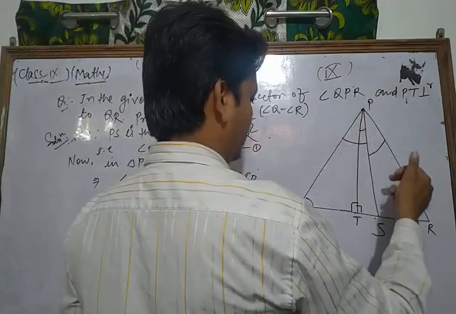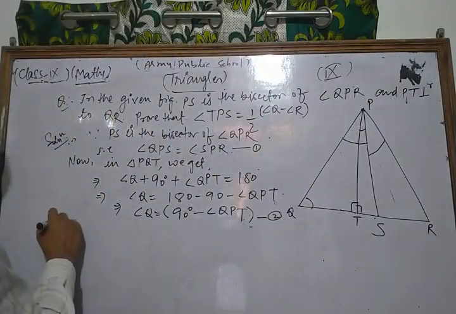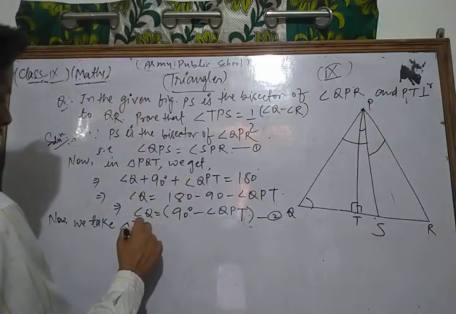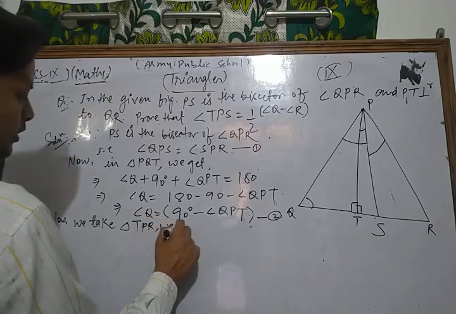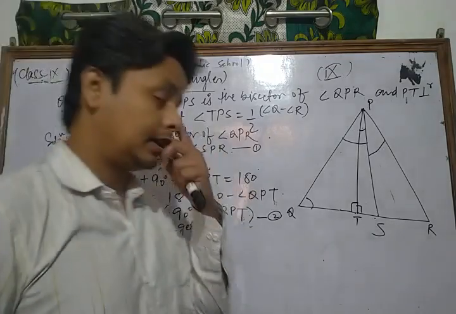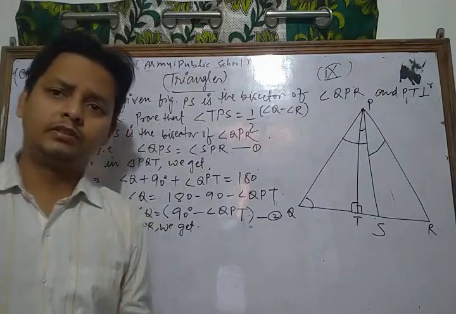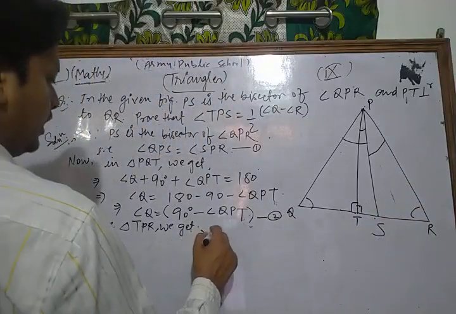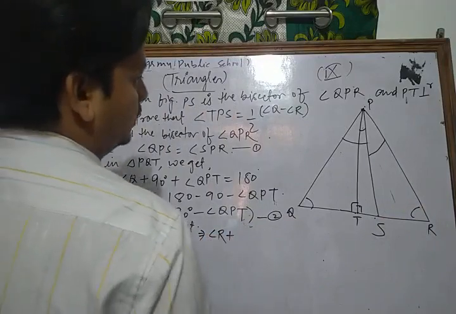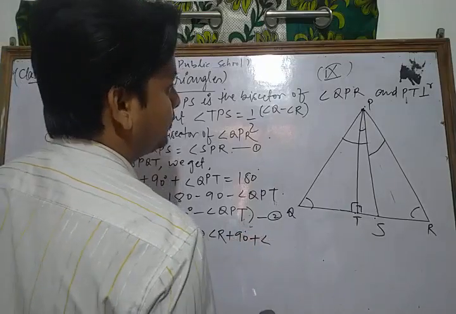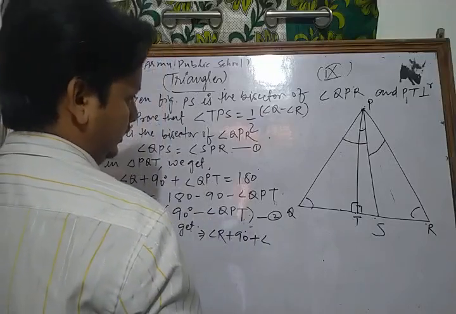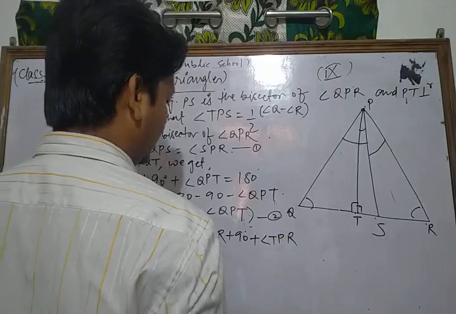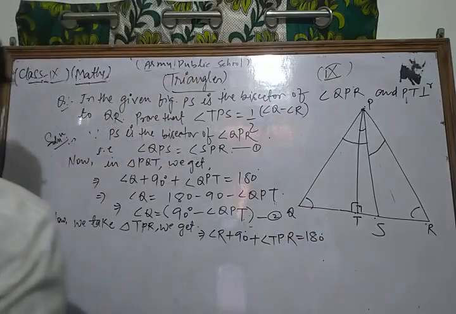Similarly, now we take triangle TPR. In triangle TPR we apply the angle sum property of the triangle: angle R plus 90 degrees plus angle TPR is equal to 180 degrees.